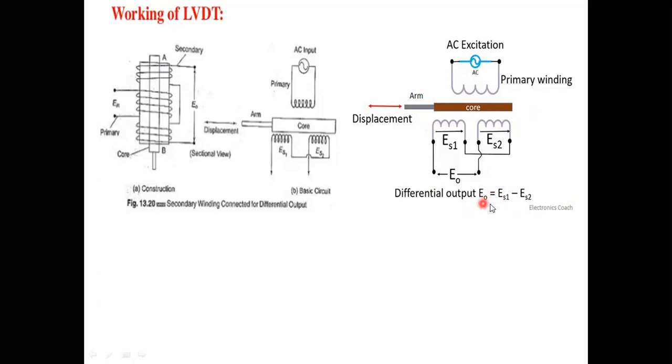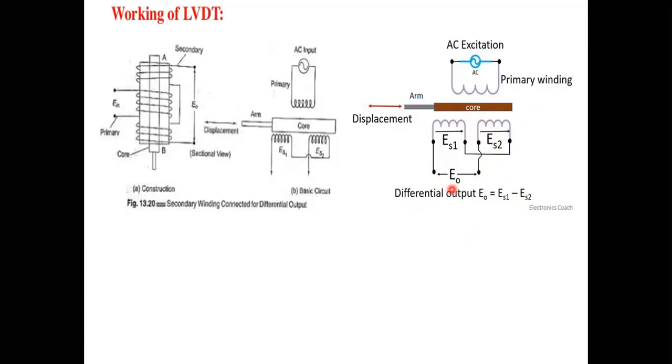Then the phase difference is going to be positive only. Here, if this core material is moved towards the secondary winding S2, then ES2 is greater than ES1. Then the phase difference will take place.